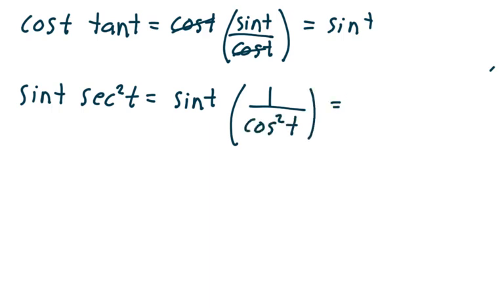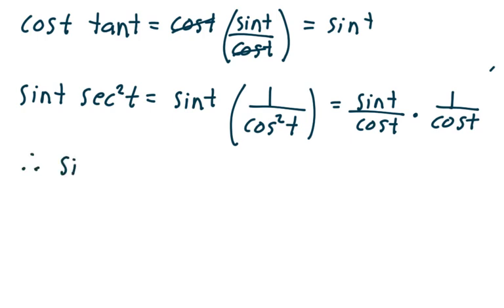And I'm going to pick off one of the cosines, and I'm going to write this as sine t over cosine t times 1 over cosine t. And so, therefore, sine t secant squared t is going to be the same as tangent t secant t.